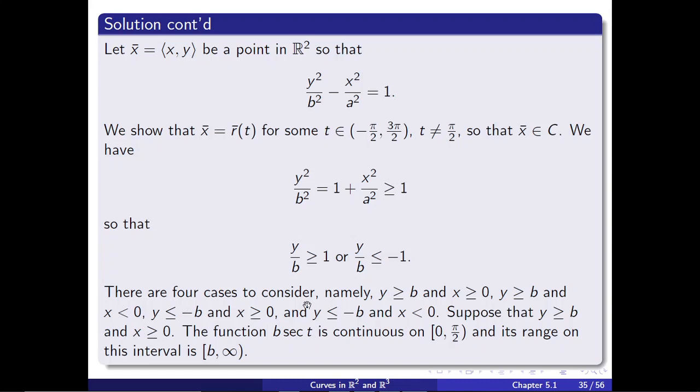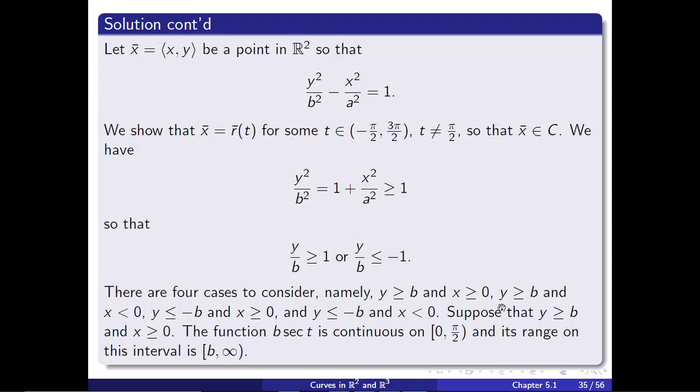The 4 cases are: y greater or equal to b and x greater or equal to 0; y greater or equal to b and x less than 0; y less than or equal to minus b and x greater or equal to 0; and y less than or equal to minus b and x less than 0.